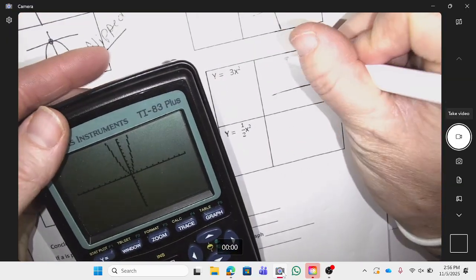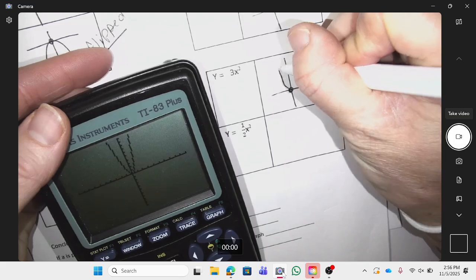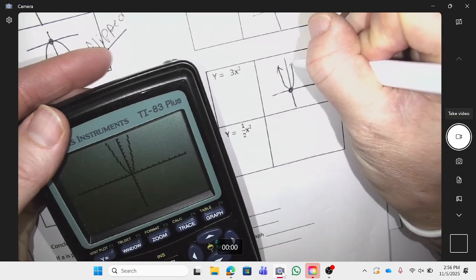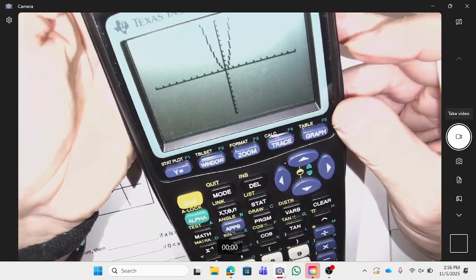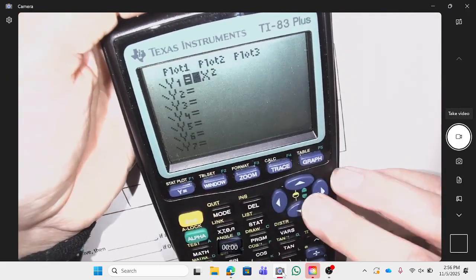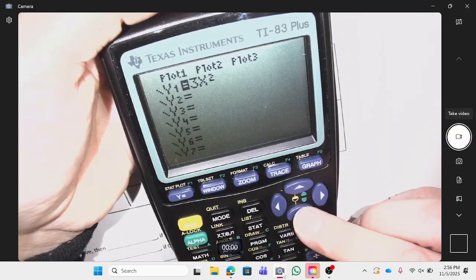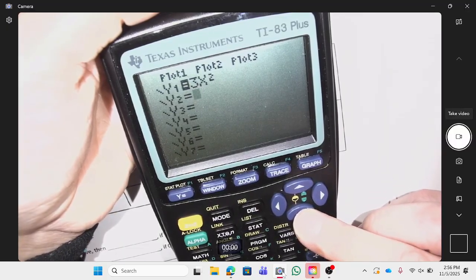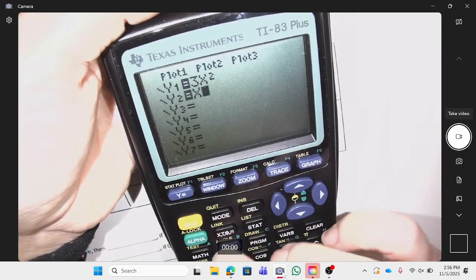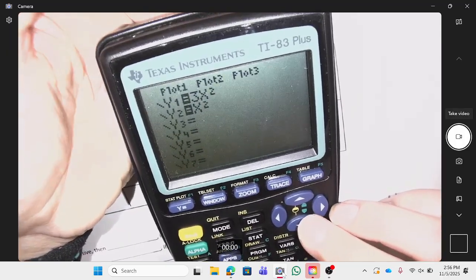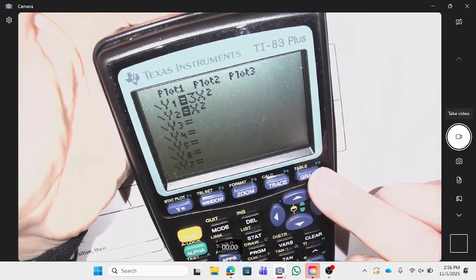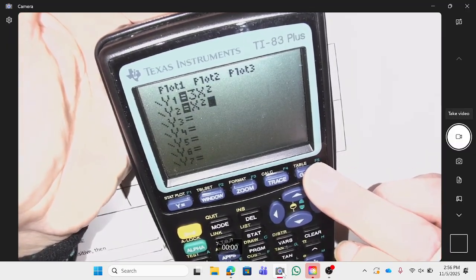Okay, here's what, you know what? I want you to do this. You know how you have y equals 3x squared in there? Can you go down to the y2? Move your cursor down. And can you type x squared? And then hit graph. And they're going to both be on the picture.